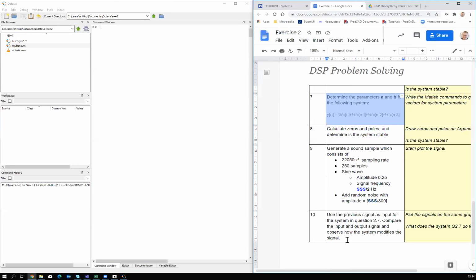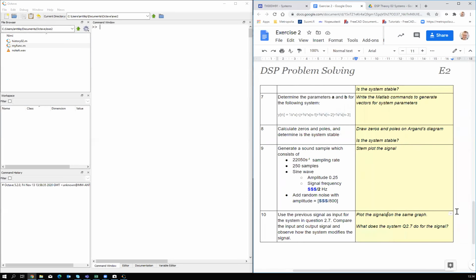Okay, it's a lot of signals. Well, plot the signals. 250 samples, okay, I see. Yeah, it actually fits. Okay, no worries. So you can plot the signals on the same graph.